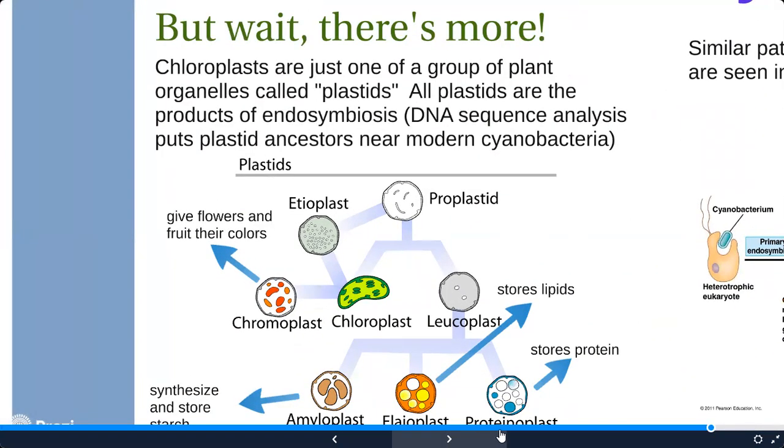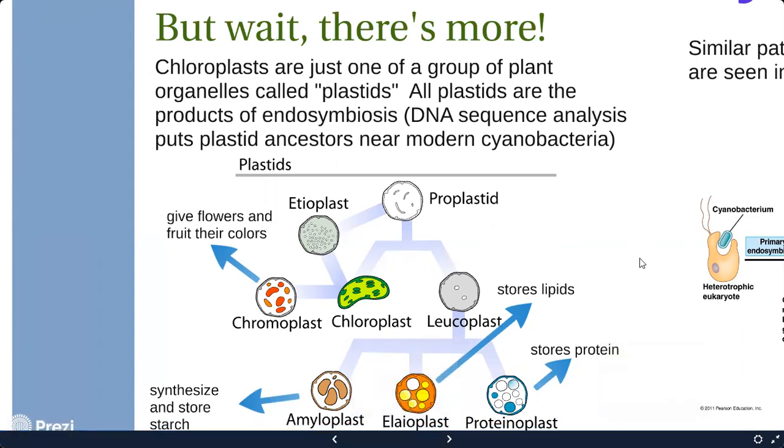Within plants, this actually occurred more than once. Chloroplasts are just one type of plastid. There are more. You only need to know chloroplasts for the exam, but it doesn't hurt you to be aware of the others. And we can track their evolution through genomic analysis because all of these plastids have their own DNA. So we can see exactly which ones came first.